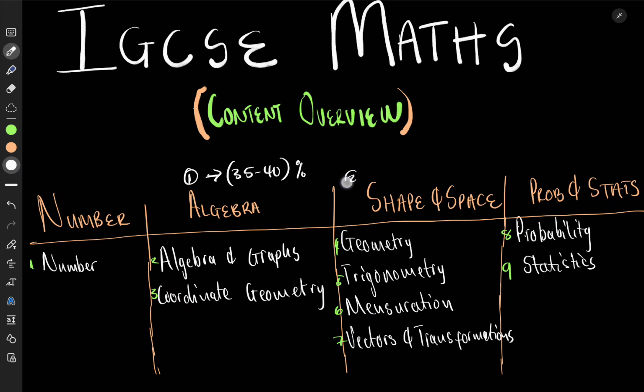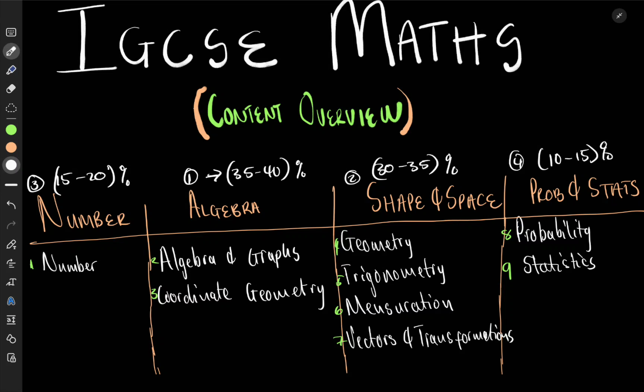Then the second biggest is going to be shape and space, which is going to be 30 to 35% of your final grade. The third biggest is going to be number, which is 15 to 20% of your final grade. Then the smallest, the 4th, is probability and statistics, which is 10 to 15%.